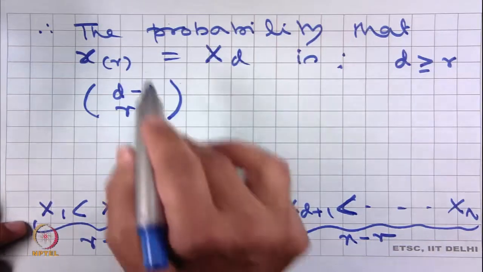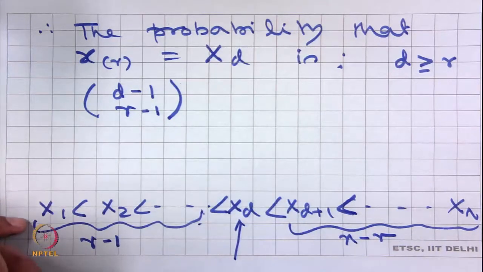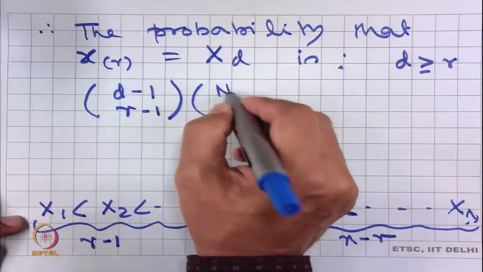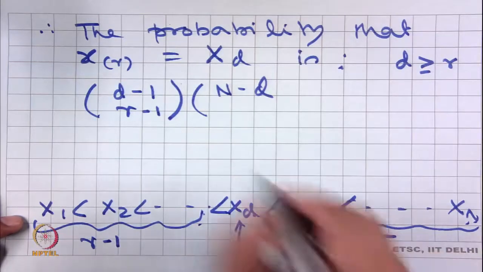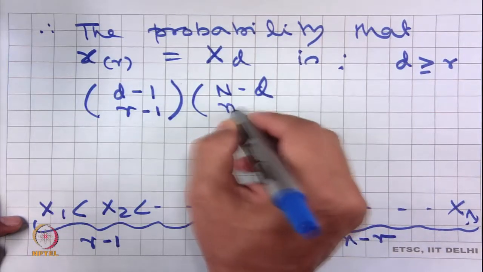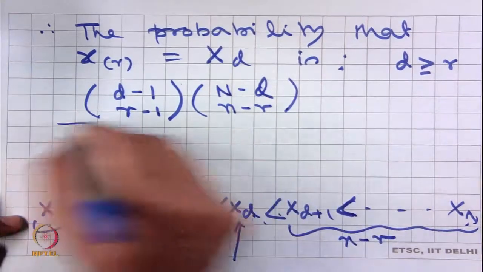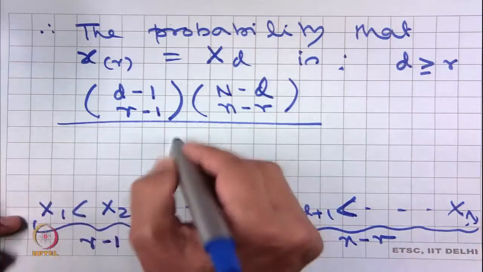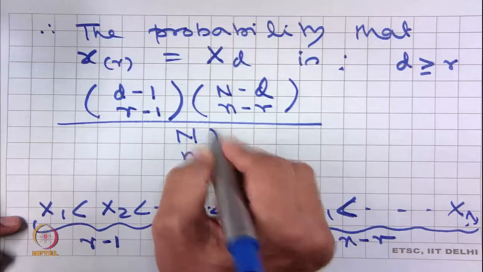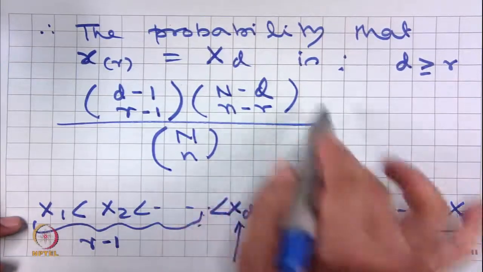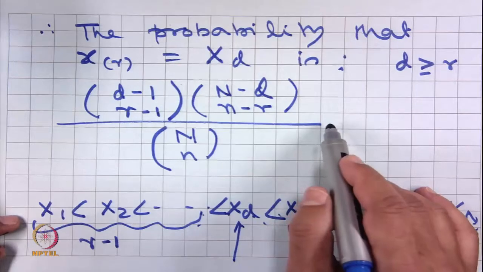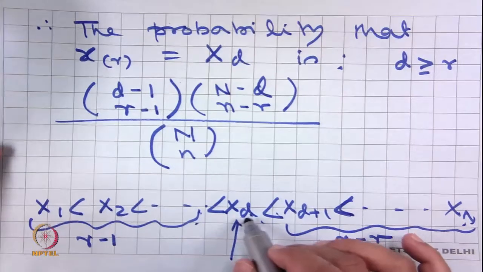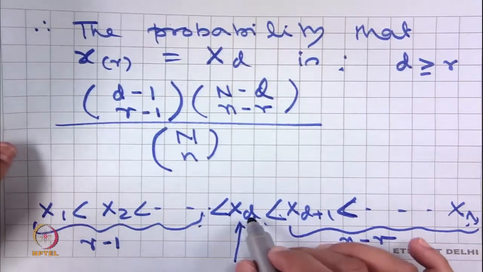So, this can be chosen in d minus 1 c r minus 1 ways. Here how many elements are there? N minus d elements, and from here I have to choose n minus r elements, and the number of possible ways of selection is n c n. Therefore, this is going to be the probability that the rth order statistic of the sample is actually the dth one of the population.